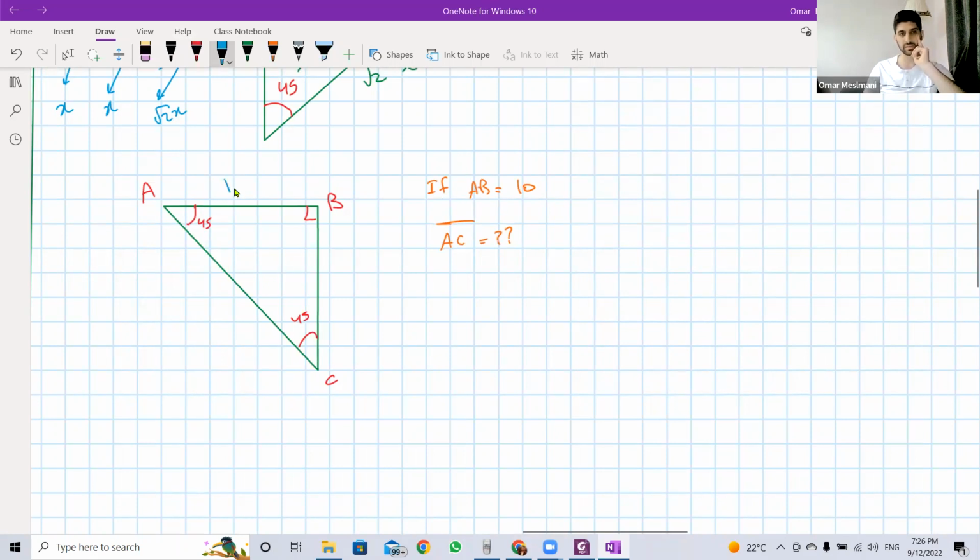The AB is 10, right? So for the 45, 45, 90, that's the rule. This is x, this is x, and that's root 2x. I know that x is 10, so it is going to be 10 root 2.